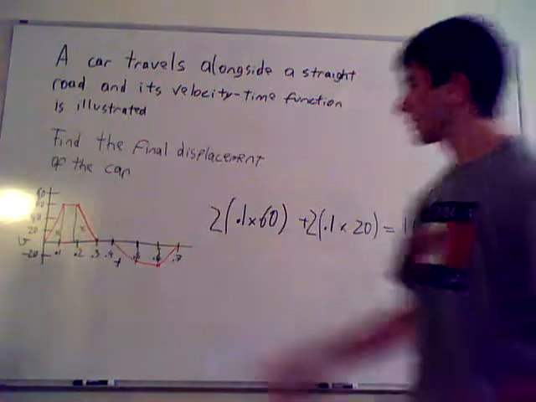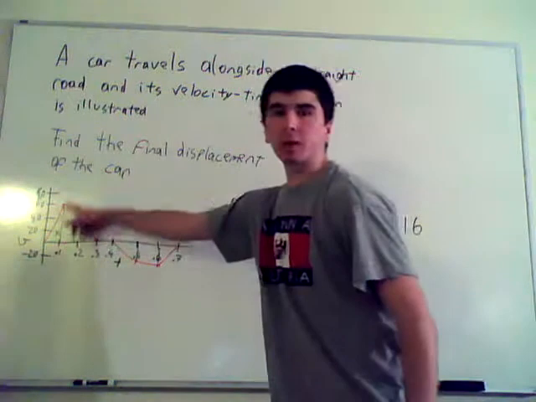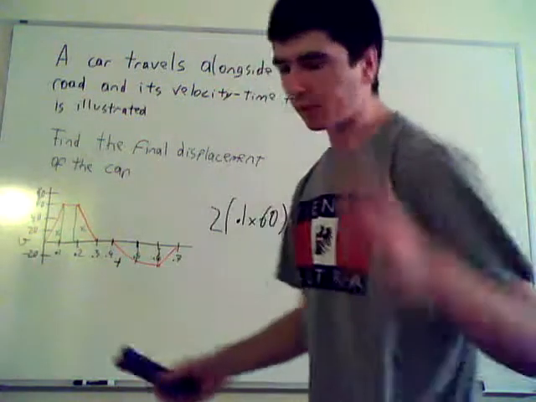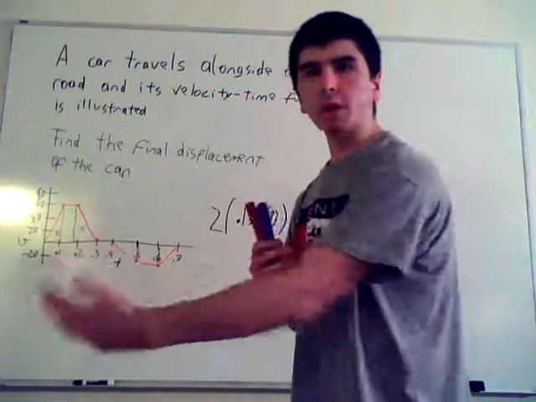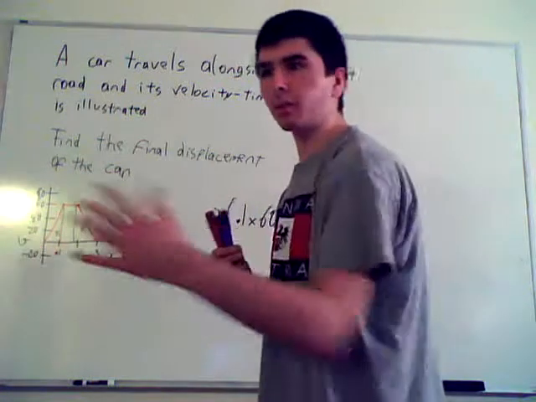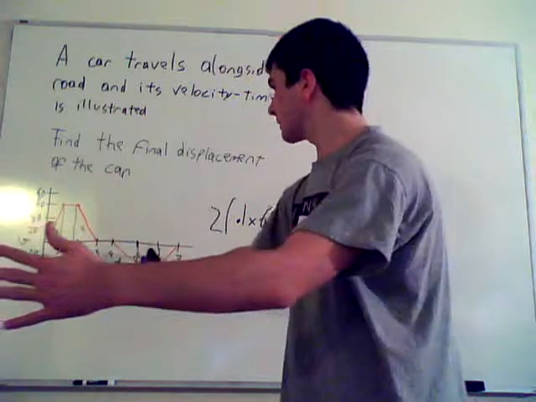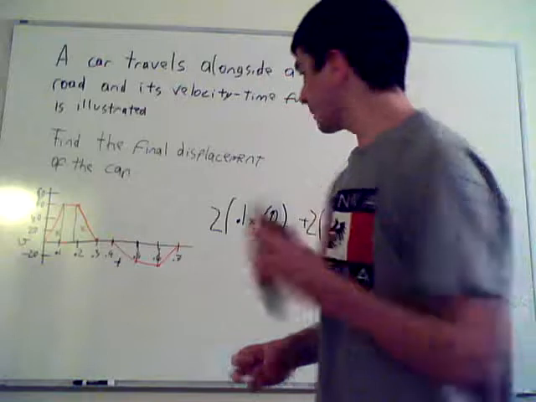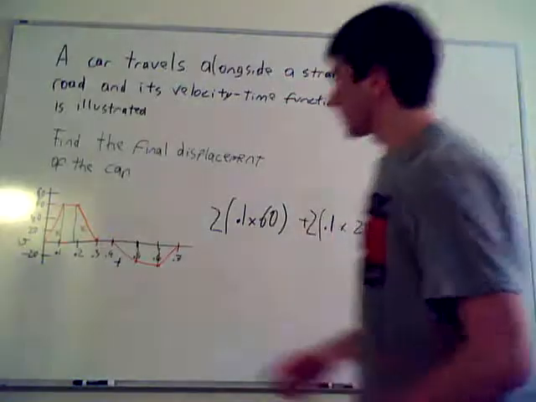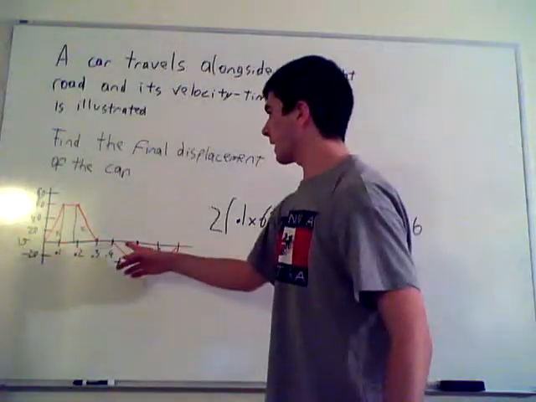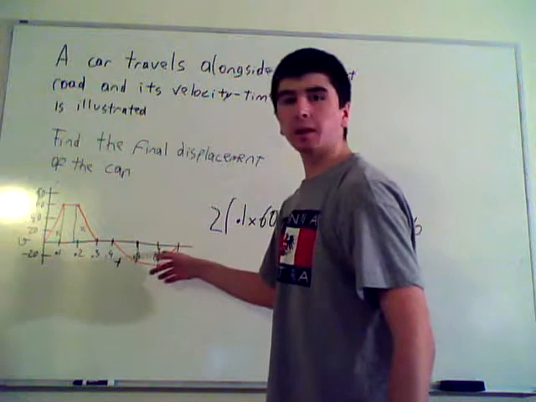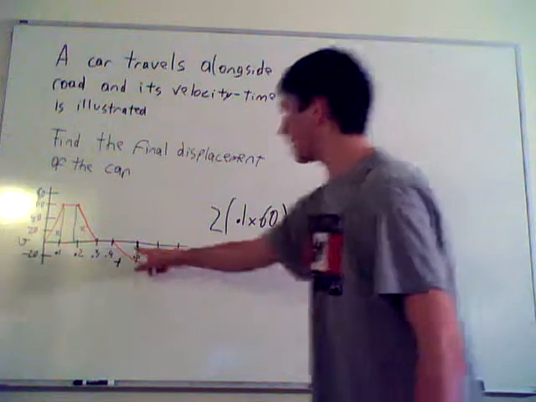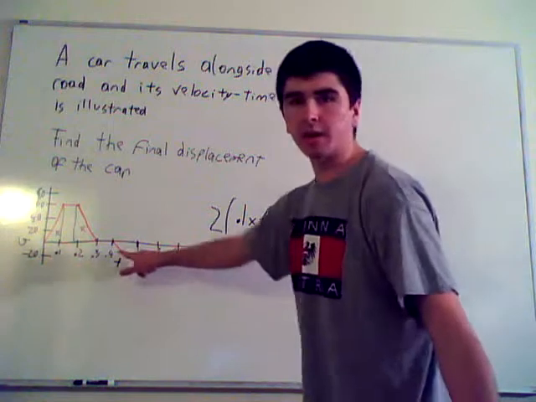Here's also a thing you have to realize. Here, velocity is positive, which means you're going in a positive direction. Here your velocity is negative, so you're actually going backwards. So if you look at this area right here, I've gone backwards 4 units because of this area.